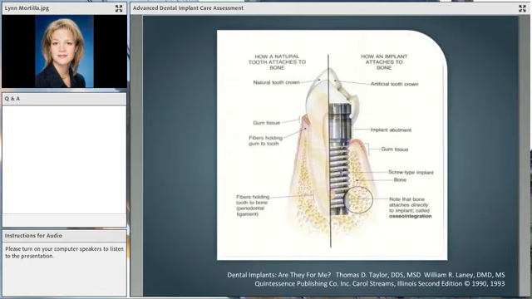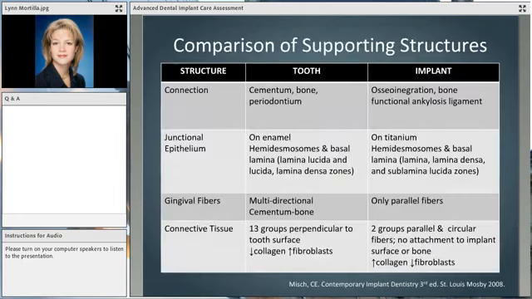Now, you can see there on the screen there are some obvious differences. You've got tooth root versus metal root in the bone. And you've got some differences of the structure where the tissue forms. Now, we're really going to look at these, and we're going to enhance these images as we walk through the differences. But let's talk a little bit about some of the supporting structures.